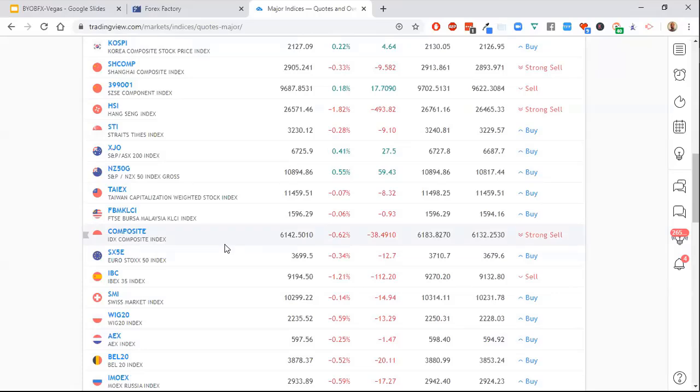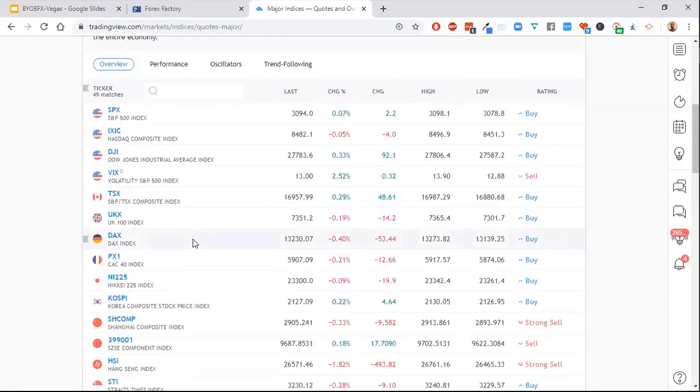Whether it's the US session, Asia session, or London session, of course, you'll want to look at the European indices through London session, US indices through US session, all right? Now, these charts will give you a whole lot of information. You just have to be able to decipher it.